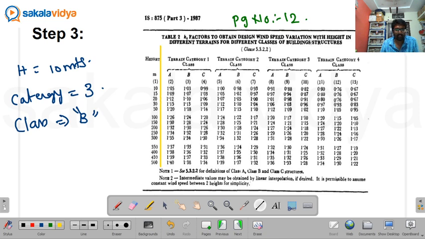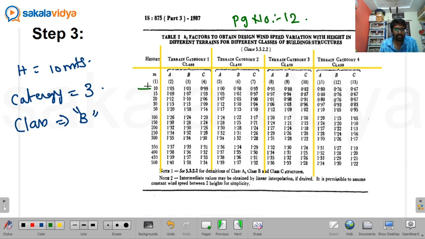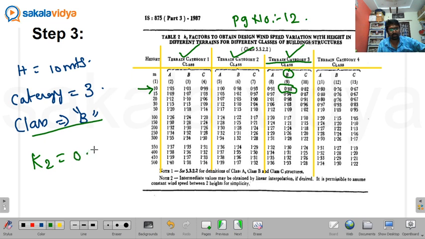So let me make it very clear. The height of the structure is 10 meters. The category is 3. The first row is category 1, second row is category 2, and then category 3. In category 3 you have to refer to class B of the structure. For class B, the value of K2 from this table is 0.88.